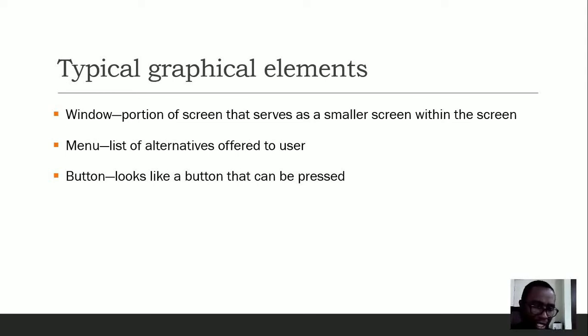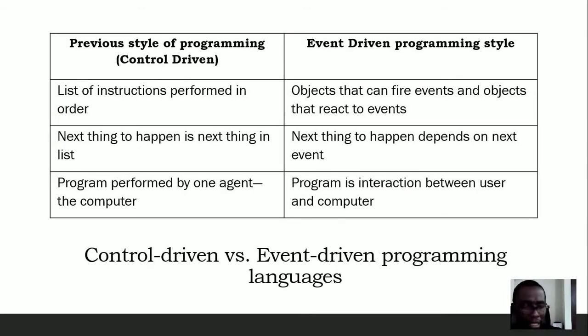I think it is easy for us to really relate, because nowadays, if you want to use a computer, you have to press somewhere, and then we have a list of menu items that is presented to you for you to select what you really want to do, and then we have to press buttons and many other things. So we are having nowadays these options presented to us to enable us to interact with the computers.